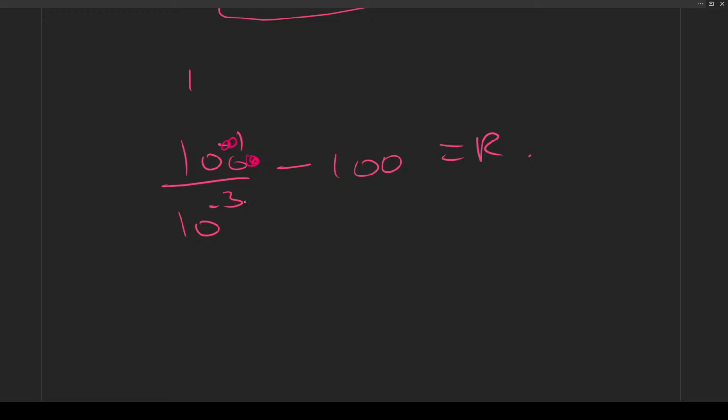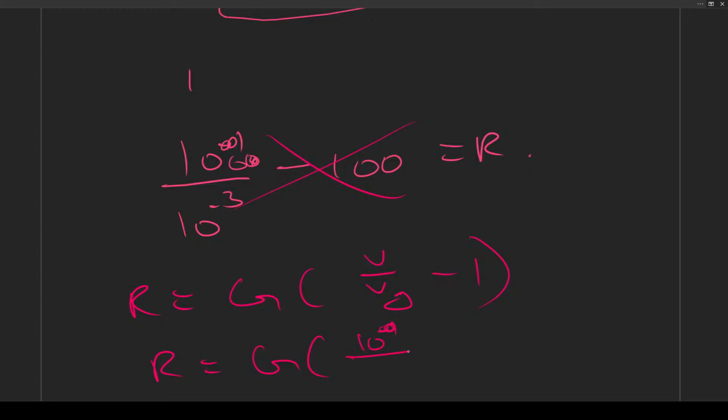So 100 into 10 power 3, it will be, no, that is wrong too. There is another formula for this, that is R equals G times V by Vg minus 1. That is R equals G times 10 by 10 power minus 1 minus 1.